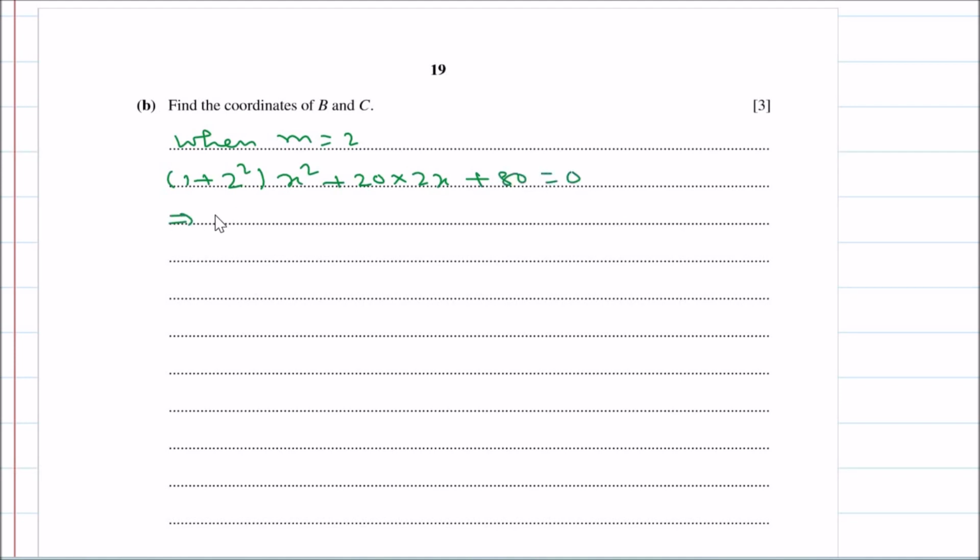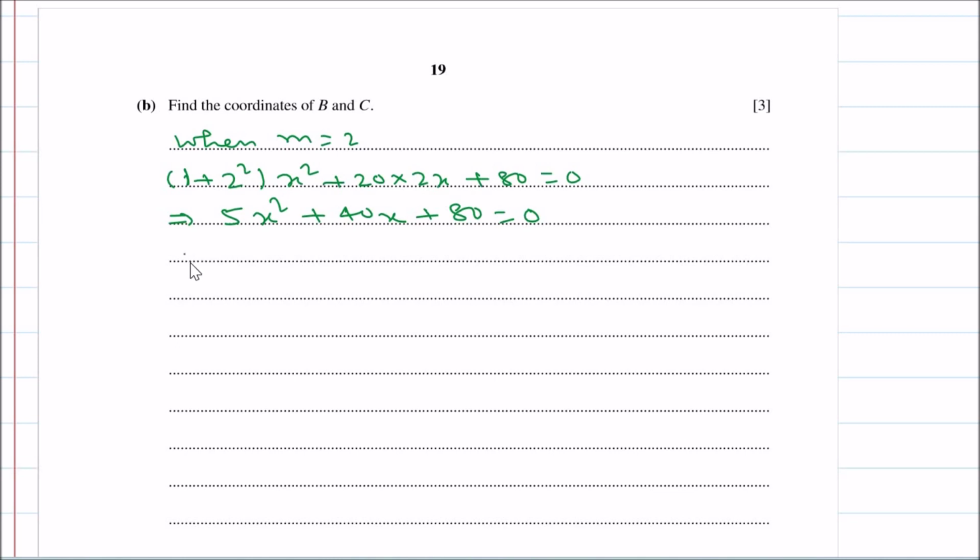This implies that 5x square plus 40x plus 80 equal to 0.